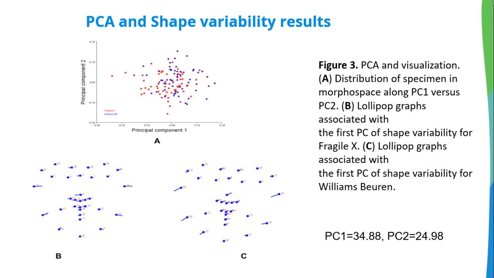Then you can also do an individual computation of each disease's PCA, so that you can know what you get when the disease is divided and computed separately. You can know how many PCs you have and what the variability of the PCs is. All right, so that is good.